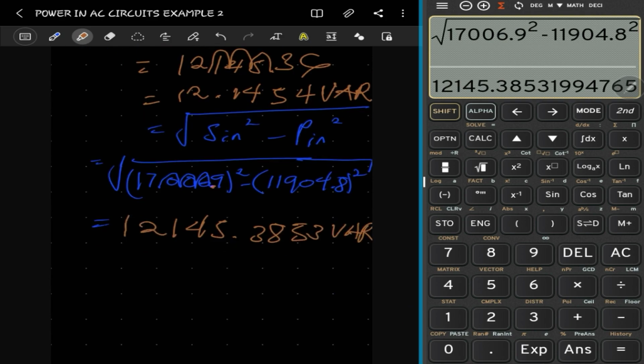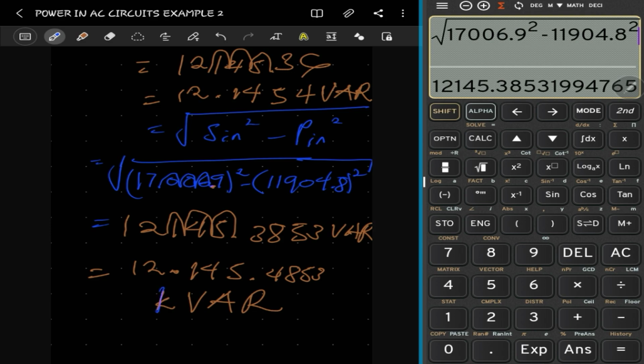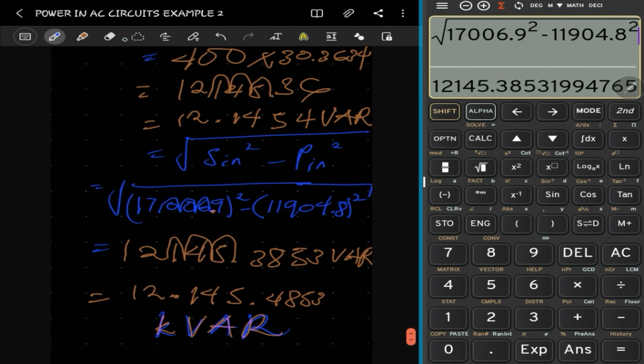The same thing gives us 12.145, let's do 4 dp, 4853 kilo VAR. Very important, kilo VAR. So the same thing as we had here. Depending on the number of DPs I want, 1, 2, 3, 4, this turns to 2. So you see, the values are almost the same.